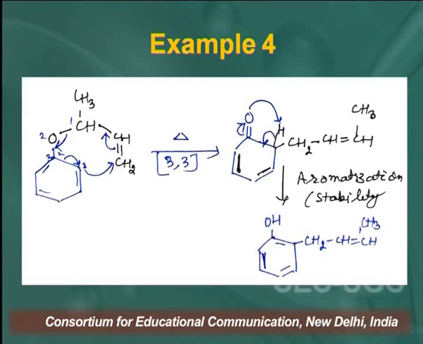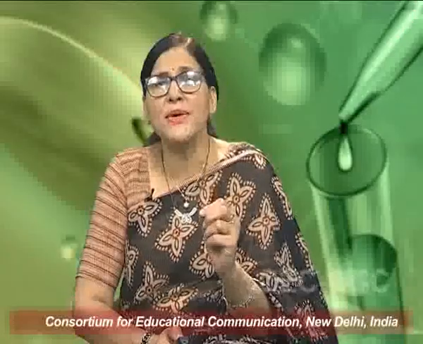Again tautomerization takes place to get stability, aromatization also takes place, and we get an enol, that is a phenol. The keto form changes into enol, so that is a very stable product. So now learners, telling you what happens when the ortho position is blocked.